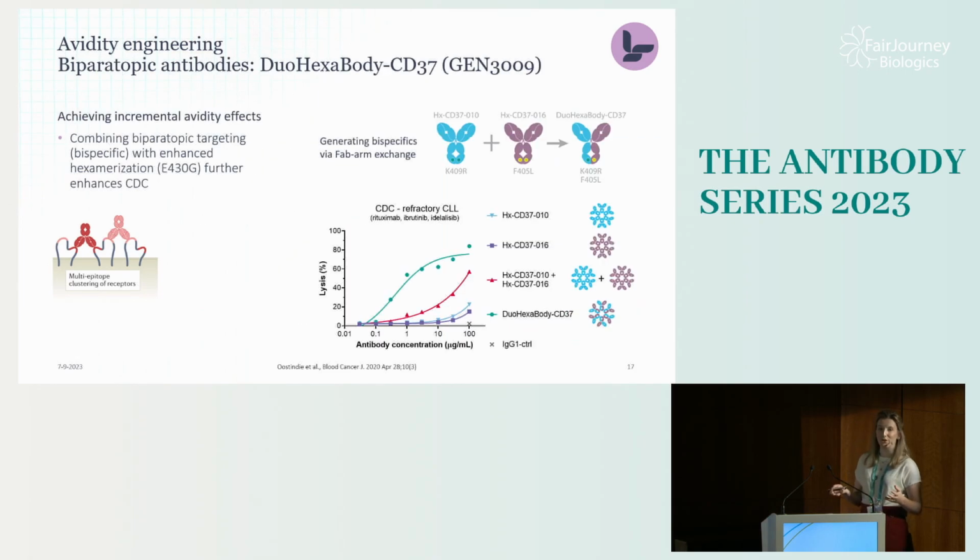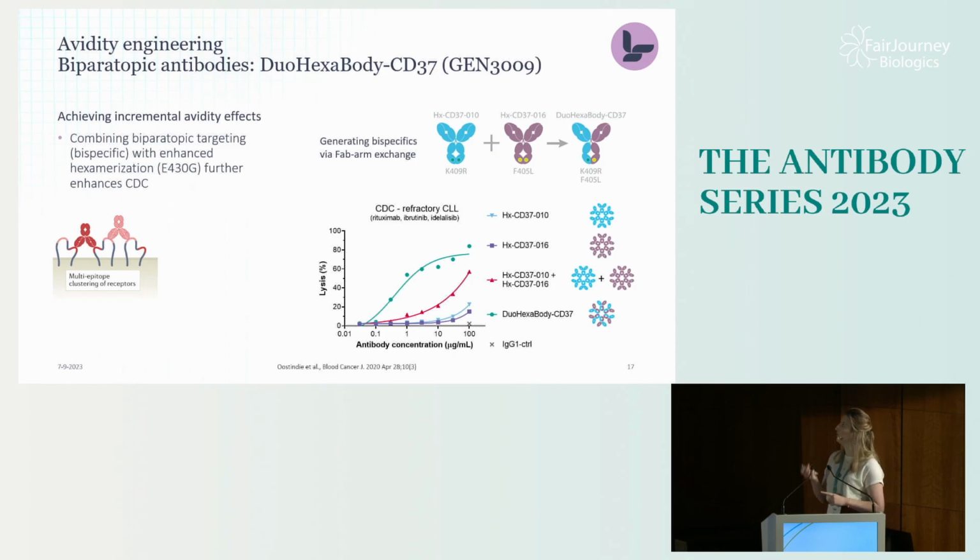But of course, we knew that wild-type antibodies can potentiate, but the hexamerization-enhancing mutation mostly could do even better. So we decided to generate a lot of different types of antibodies, either containing hexamerization-enhancing mutations, the combination, but we also decided to make bispecifics.